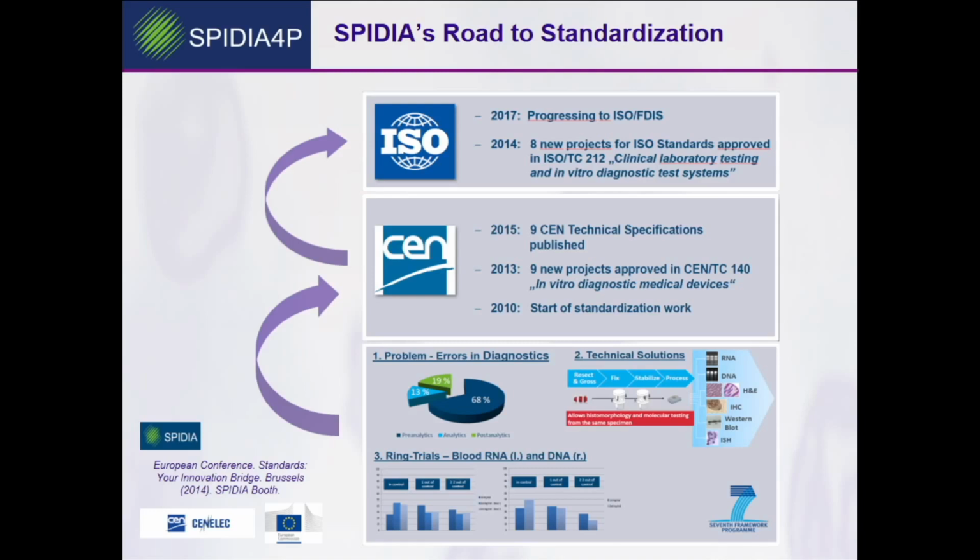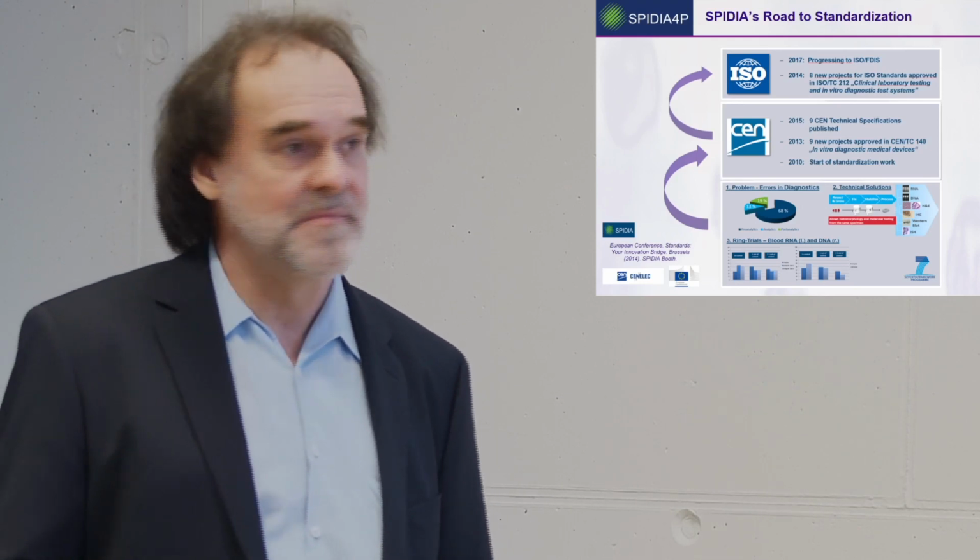In this committee, all the European countries are represented by the national standard institutes, and the decision was made to take up this work and develop 9 standards for the European Union, technical specifications, which were published and introduced in Europe in 2015.